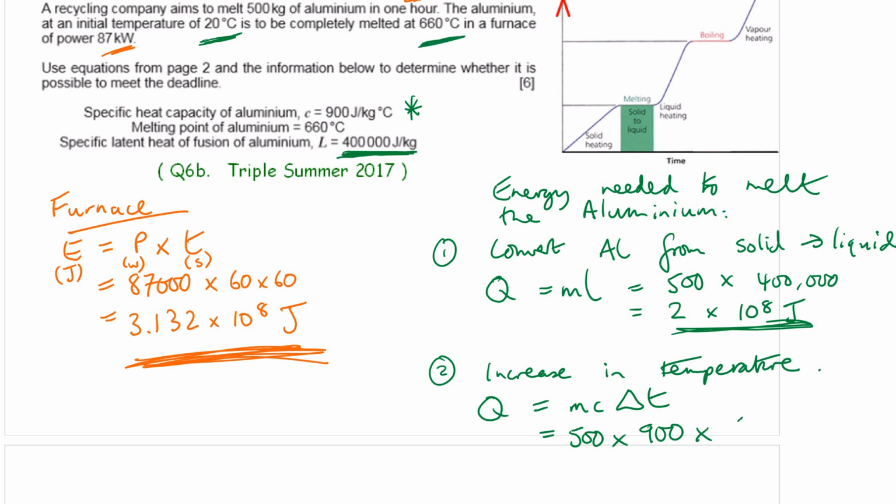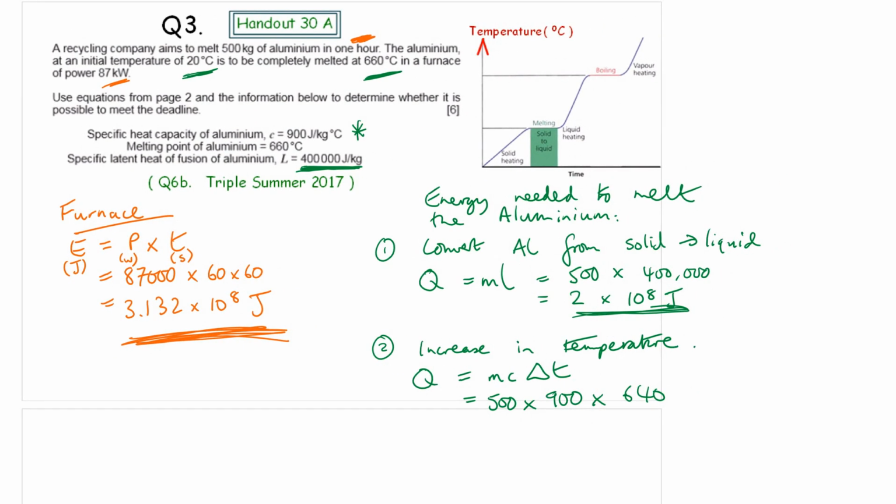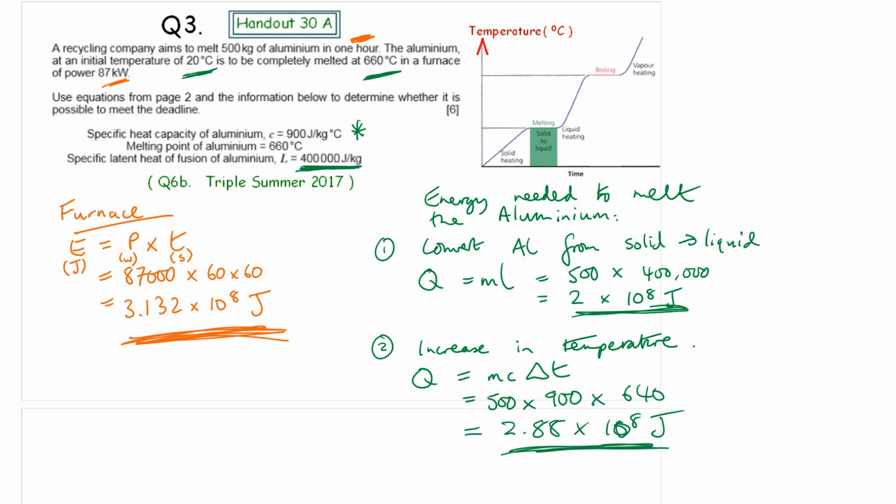So the change in temperature is 640. That gives us a value of 2.88 times 10 to the 8 joules. What we do now is add these two values together, and you get a total of 4.88 times 10 to the 8 joules.